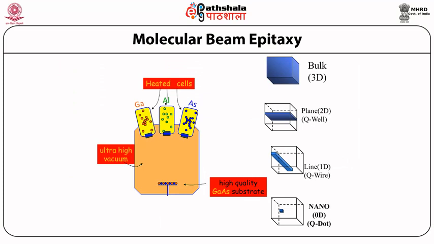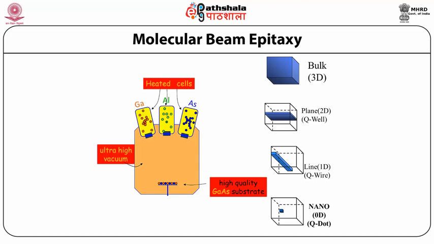This schematic shows the molecular beam epitaxial growth of high quality gallium aluminum arsenide thin films on the gallium arsenide substrate, which is placed below, in an ultra high vacuum chamber.